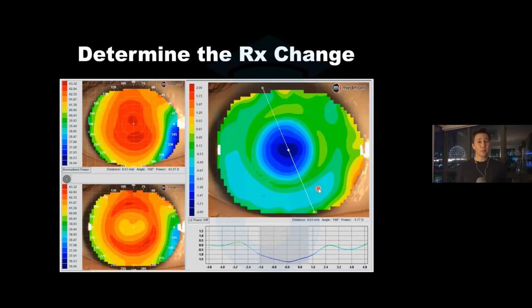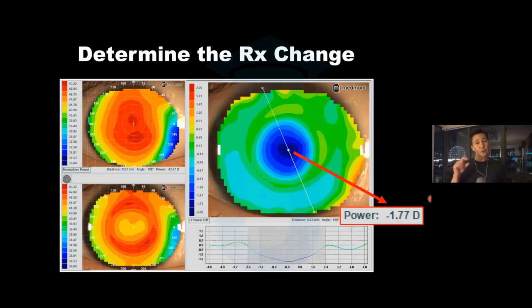We're going to determine the refractive change by clicking our cursor right on the center of the topography and assessing that power along the right-hand side in your Medmont. So it's right here when you click your cursor right on the center of the map. And so we'll blow that up, and we've got 1.77 diopters Rx change.